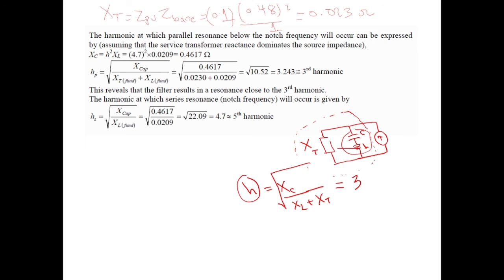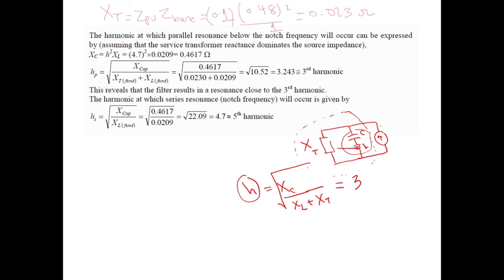And of course my rectifier is not producing any third harmonic, so I have no problem. If my rectifier were producing a third harmonic, it would be a disaster. Then I would need to design a filter to get rid of the third harmonic.